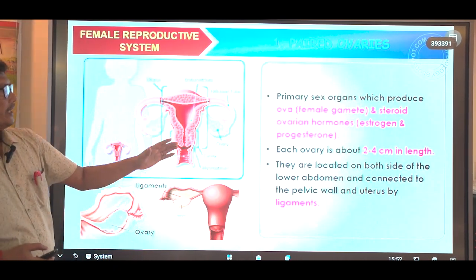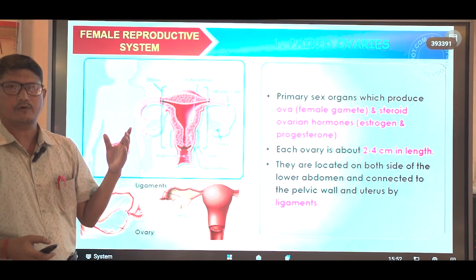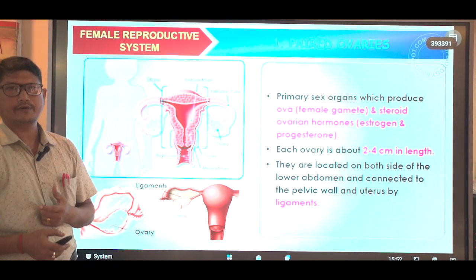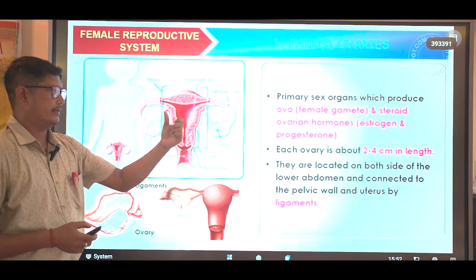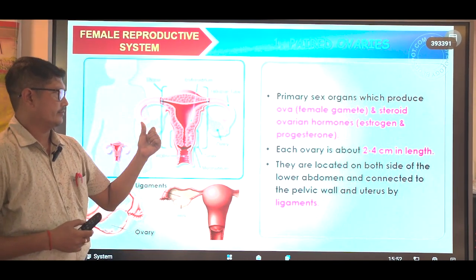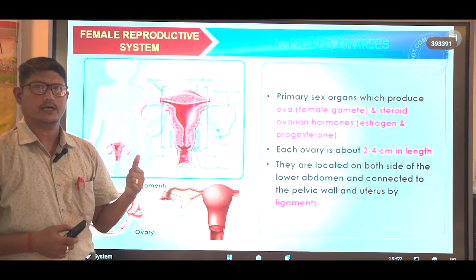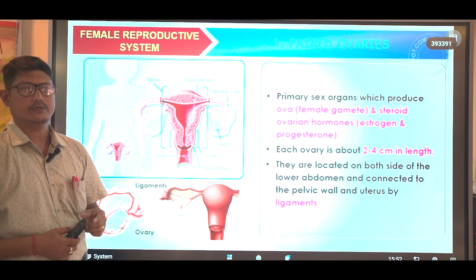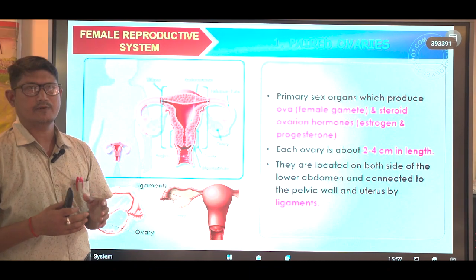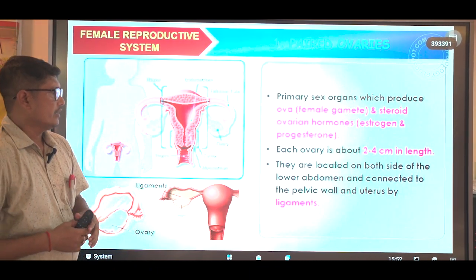The paired ovaries, as we know, are the primary sex reproductive organs in females, and there are two ovaries on the right and left side of the body. The main hormones secreted by these ovaries are estrogen and progesterone, which are very important for the development of female secondary sexual characters as well as the development of the fetus.